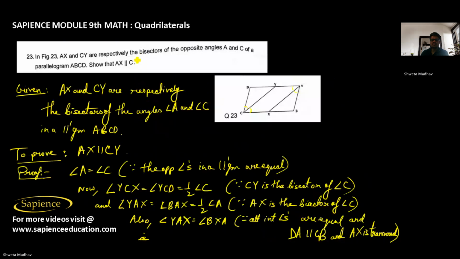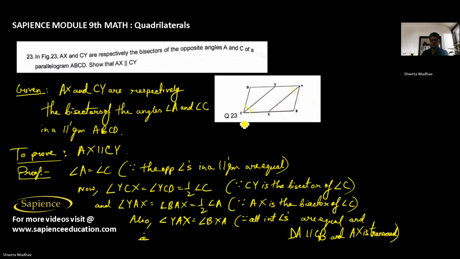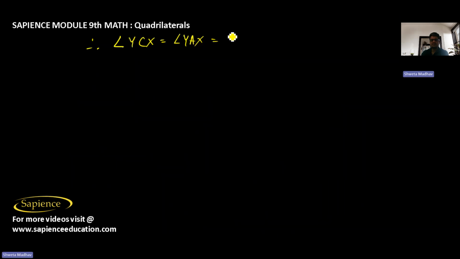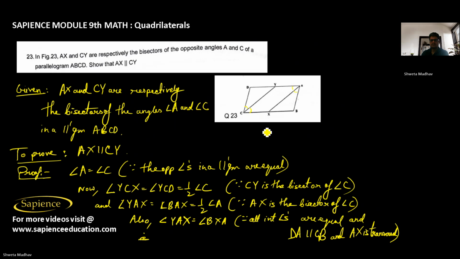So angle YCX is equal to half of angle C, and angle YAX is equal to half of angle A, which is equal to half of angle C. This is also equal to angle BXA.